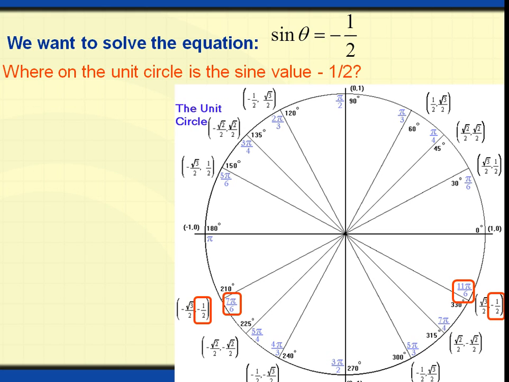And the only angles in quadrants 3 and 4 would be 7 pi over 6, or 210, and 11 pi over 6, which would be 330. So those would be the two answers for theta. In other words, where on the unit circle is the sine value negative half? When theta is 7 pi over 6 or 11 pi over 6. So we have two possible answers.